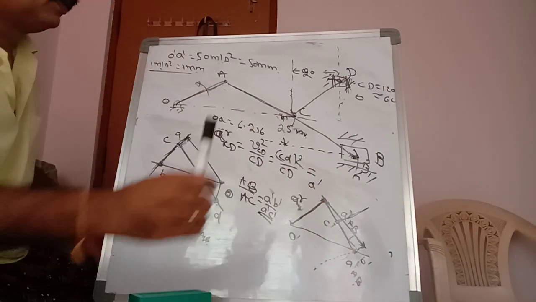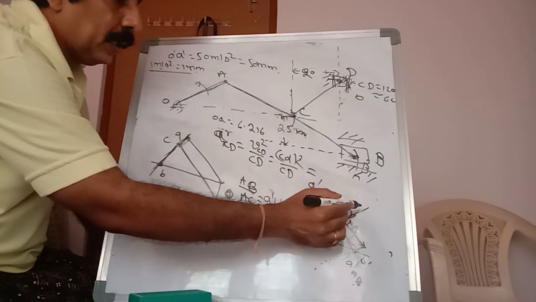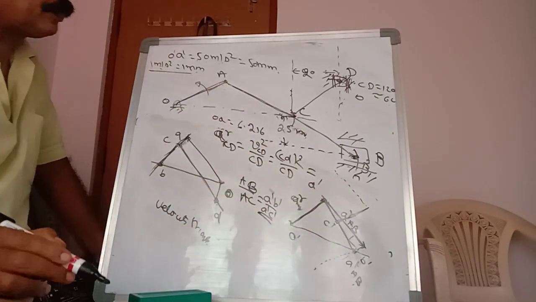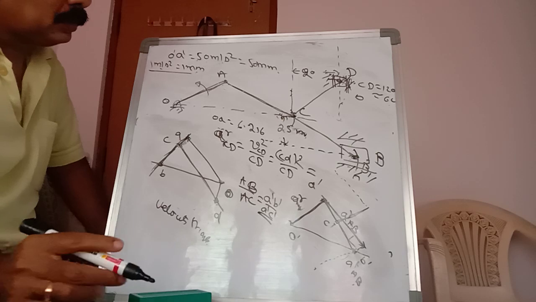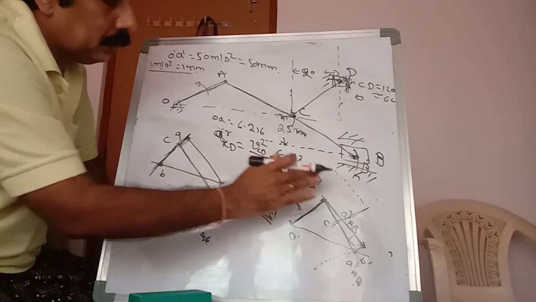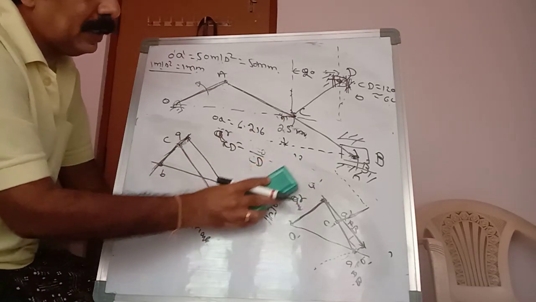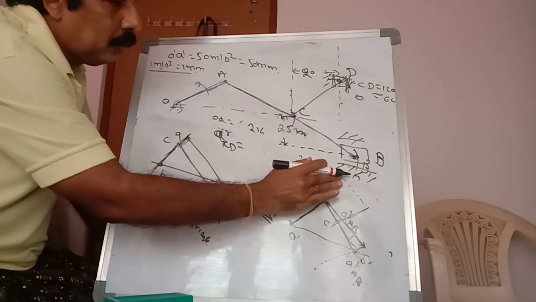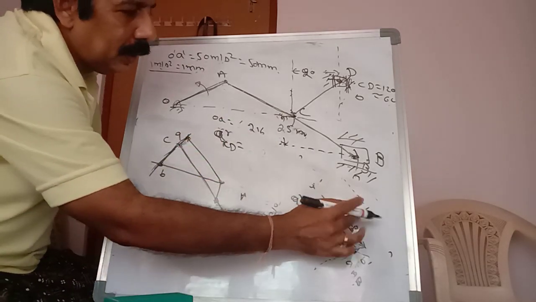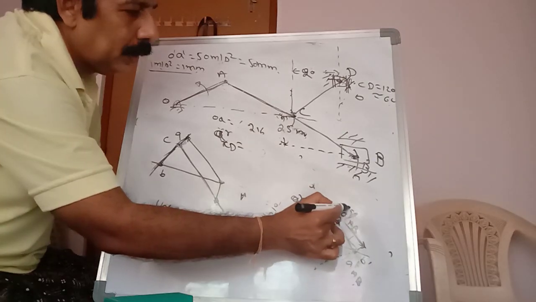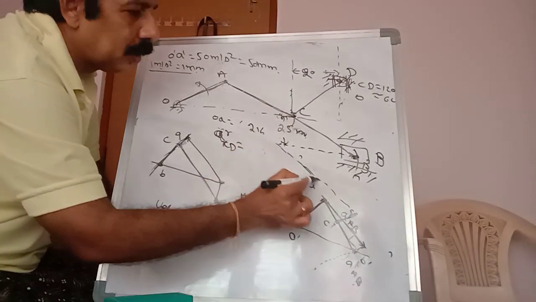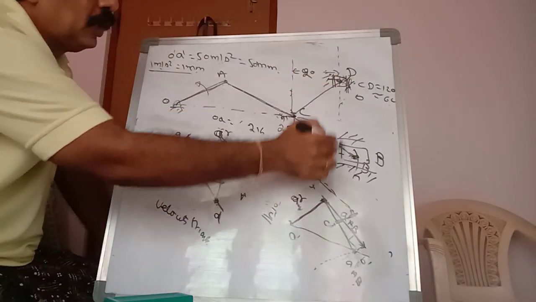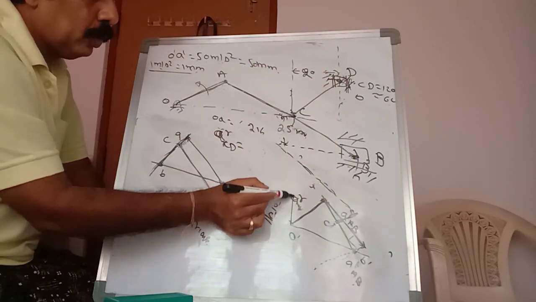Now, and also the tangential component. So you have to draw the tangential component. When you are drawing the tangential component, you have to assume that this is the radial component. You have to draw a tangential component which is perpendicular to this one. Now what is OD? Vertical. So from O, draw a vertical line.